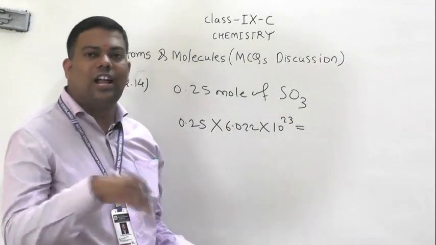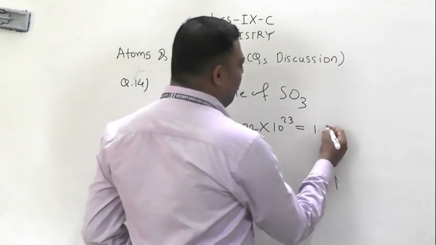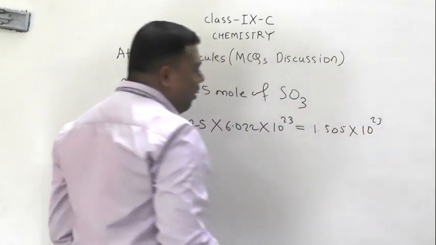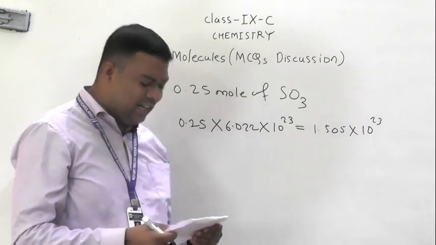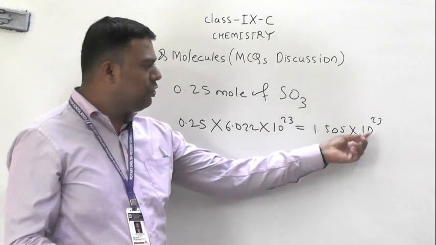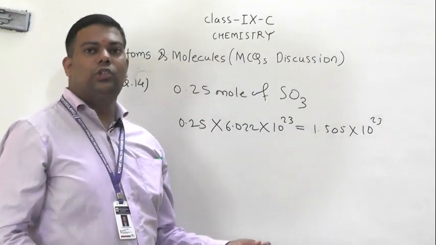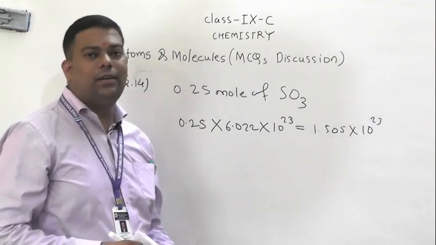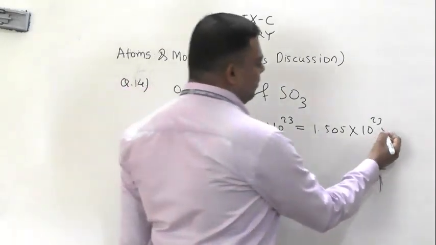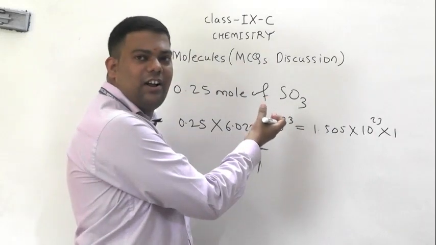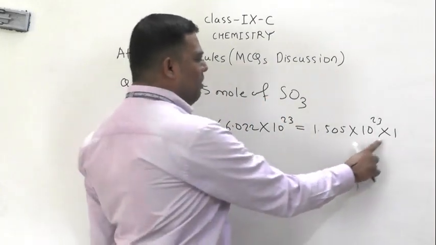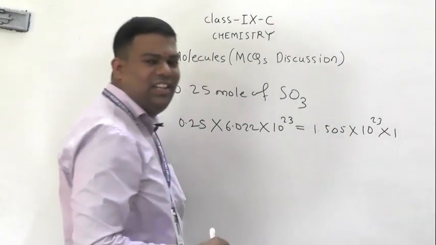After calculating this, you will get 1.505 into 10 raised to 23. But they will ask atoms of sulfur. 1.505 into 10 raised to 23 atoms of sulfur. How can we conclude these are the atoms of sulfur? By multiplying simply 1, because in this sulfur trioxide you have only 1 sulfur. Therefore, multiplying 1, you will get the same answer.